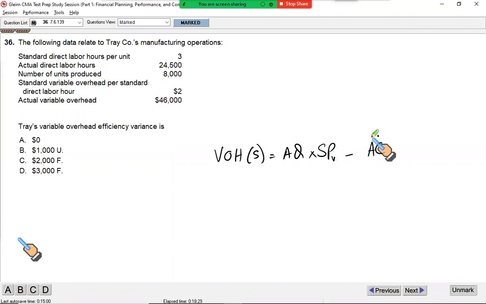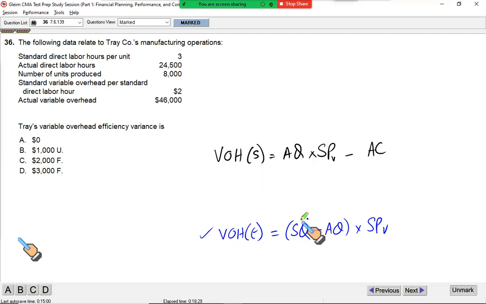Same way we just read it a little while ago. And the variable overhead efficiency variance is how many hours you should have used minus how many hours you actually used multiplied by the variable overhead absorption rate. In this question, he is just asking you the variable overhead efficiency variance, means this one. We will also calculate the spending variance, if the data is given, so as to make better understanding.